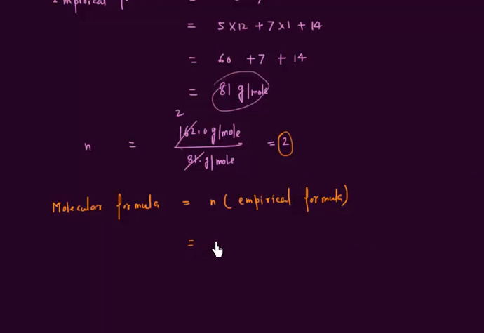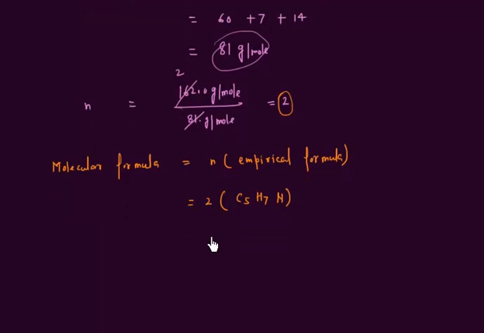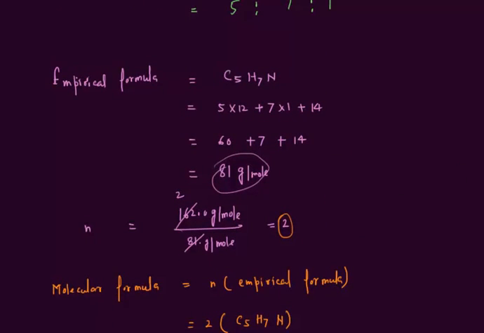We can plug in 2, and empirical formula we know that is C5H7N. Now we can open the bracket and we can multiply 2 inside. So here we have C 5 to the 10, 7 to the 14, and N to 2. This is the molecular formula of nicotine compound, C10H14N2, and this is the empirical formula of the compound, C5H7N.